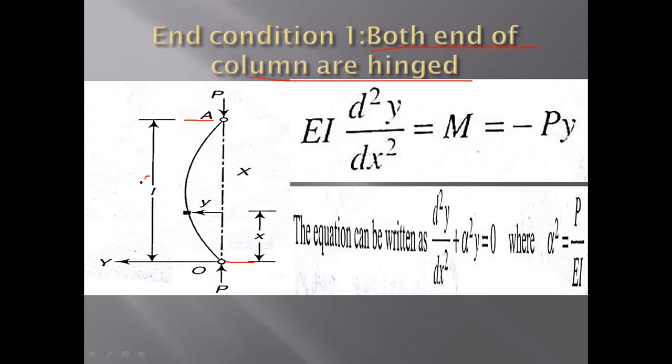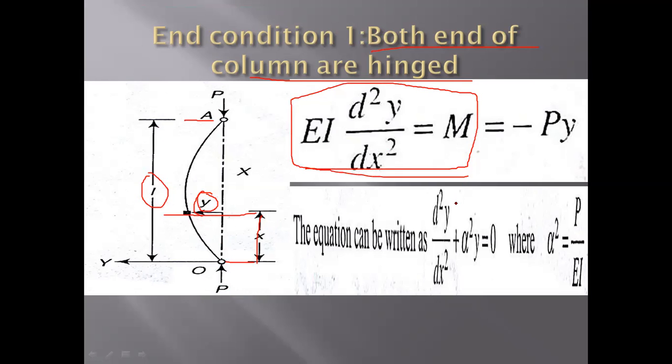The length of the column is L, and this is the deflection Y. Upon the application of the compressive load, the deflection is Y, and I've taken this section at a distance of X from the end O. So we know already from the deflection of beam chapter, the equation of a curve is M equal to EI d2y/dx square.